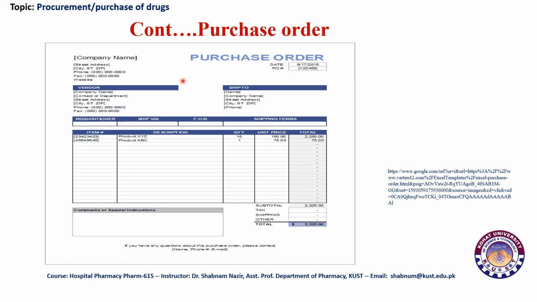So this is a sample of the purchase order form, and I hope that now it is clear to you what is the main difference between the purchase request form and the order form. So again, I'm repeating that the purchase request form is the internal document that is for approval purposes, while the purchase order is for issuing to the vendor or whoever is the supplier.